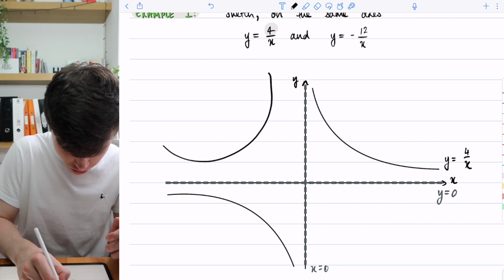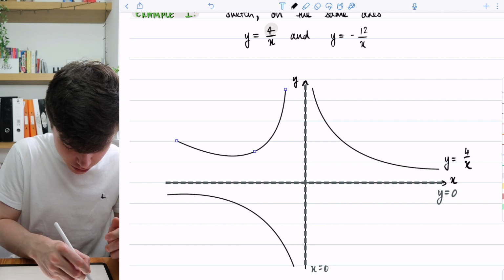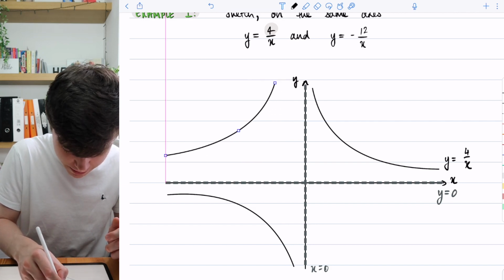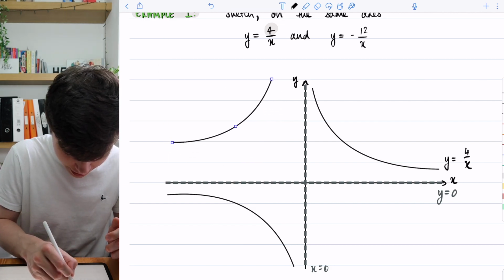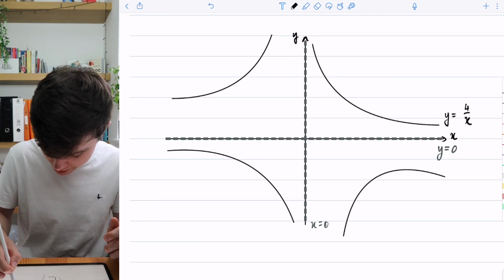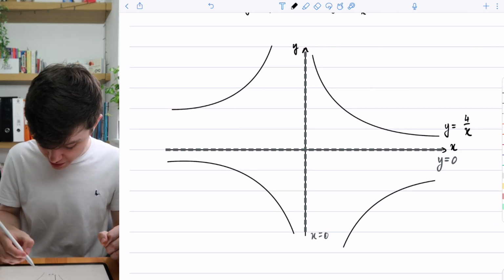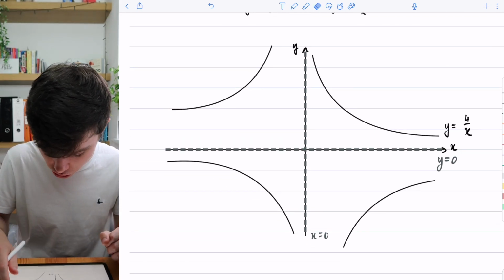Oops, not a straight line. Why does it keep going in a straight line? That's better. It's going to look like that, quite a bit further away from our asymptotes. And then over here, we're also going to have this part of the graph like that, okay? And we can see this is, I'll do it in different colours actually.